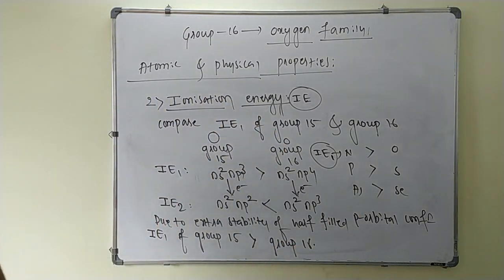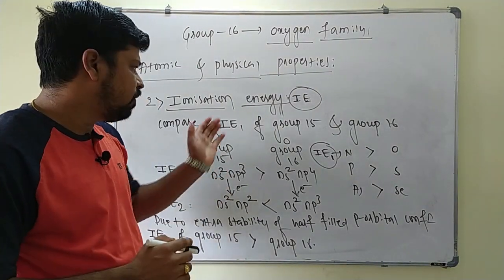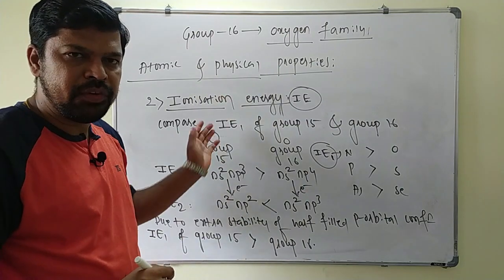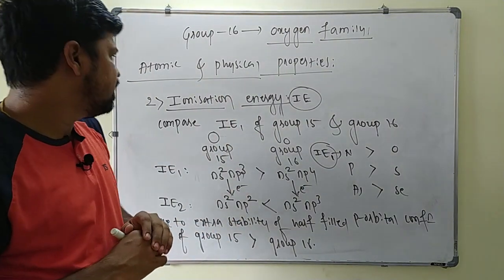This is the reason you have to write here. This is the comparison of ionization energy of group 15 and 16, and within the group we always know that with increase in the atomic size, ionization energy decreases.